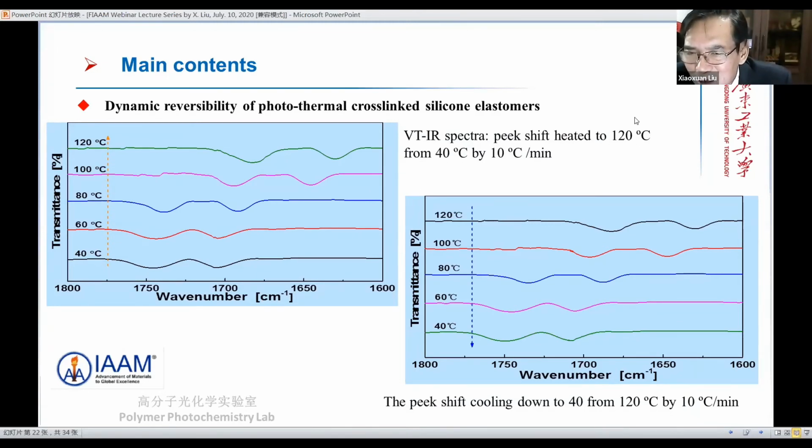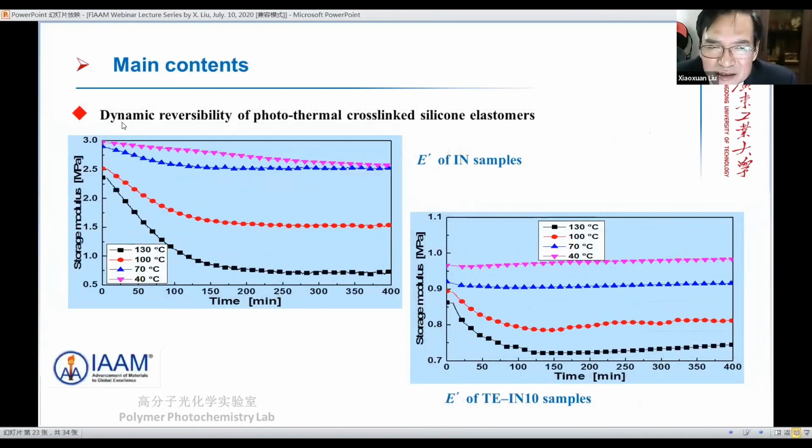When the temperature is decreased from 120 degrees centigrade back to 30 degrees centigrade, the peak is back to this. It is clear. So it is a dynamic reversible photo-based crosslinking silicone elastomer.